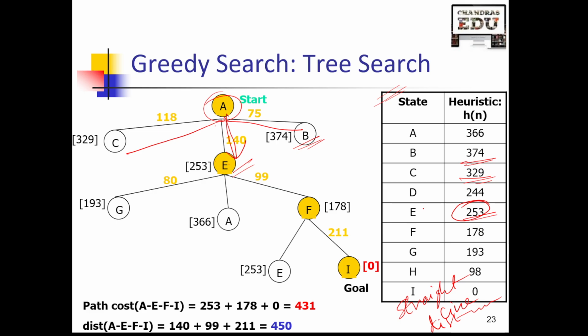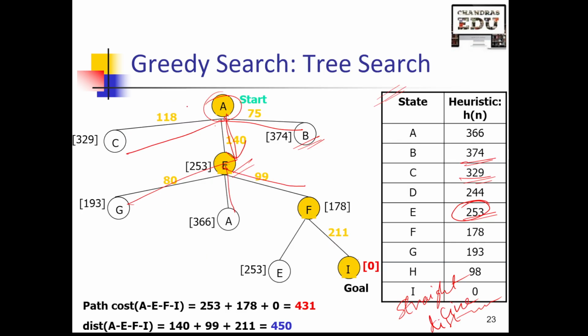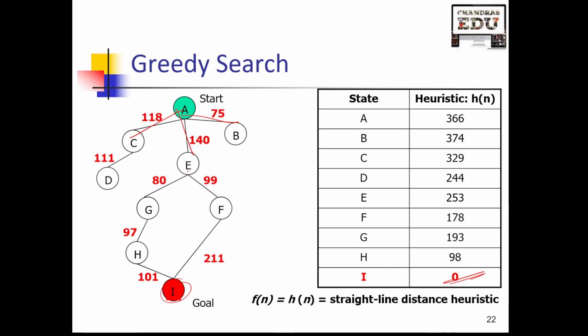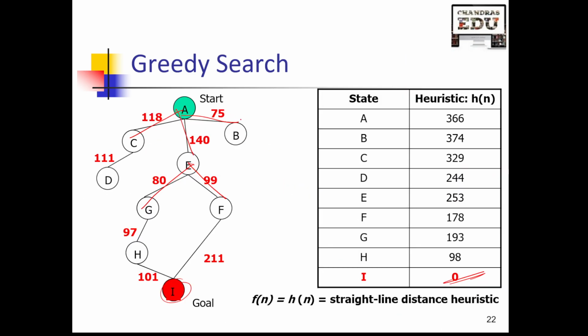Next, it will try to see the cost from E. From E, we have paths to G, A and F. I have considered the same: from A, we see C, E and B. The same path we have drawn, C, E and B. Next, we have chosen E. From E the path is to G and to F. Also, we can even go back to A, so that path is also considered.